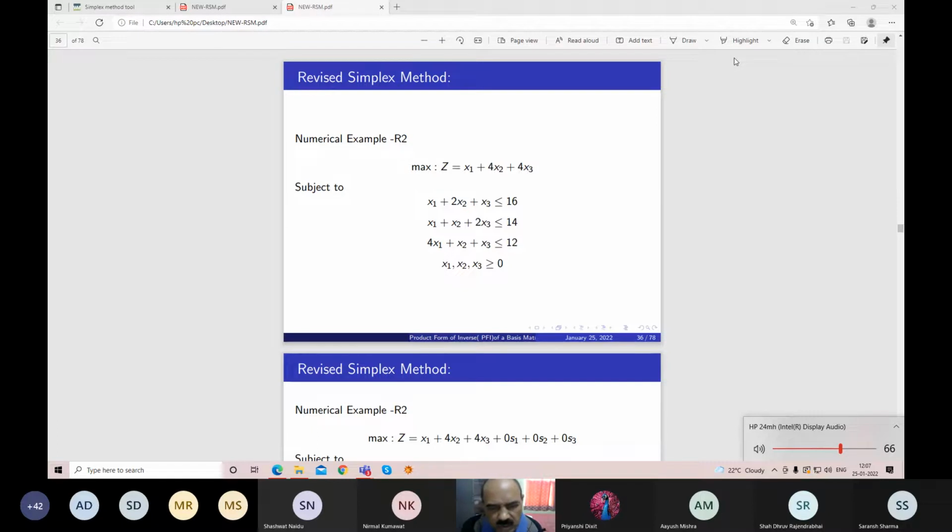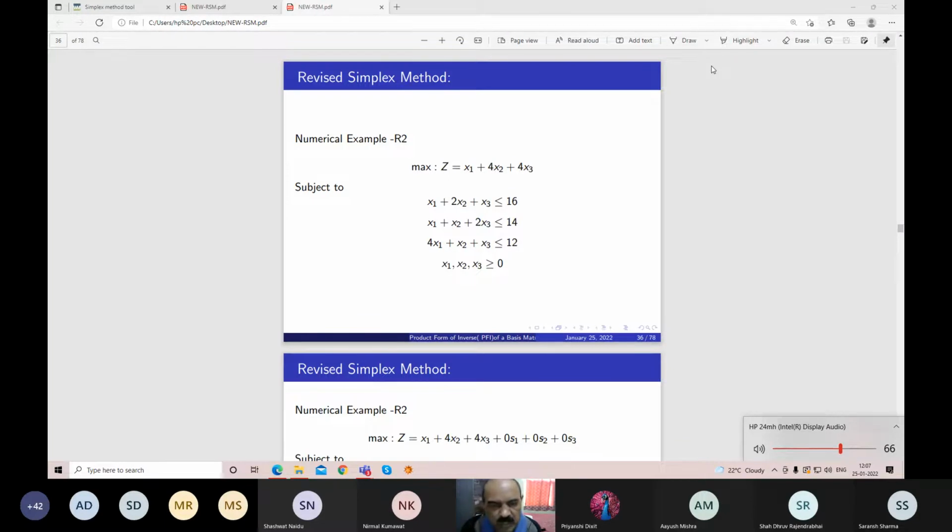The inequations form a bigger set. Once it is an equation, we assume there may be one solution or infinitely many solutions, depending on the problem. But here it is given as inequations, so we will not make it an equation forcibly. You would find a solution if you solve 3 equations: x1 plus 2x2 plus x3 equal to 16, x1 plus x2 plus 2x3 equal to 14, and 4x1 plus x2 plus x3 equal to 12.